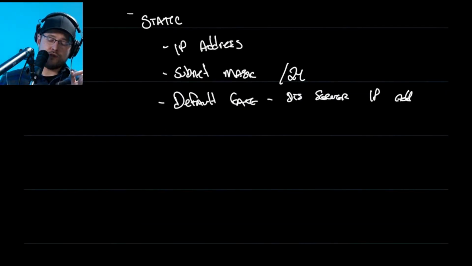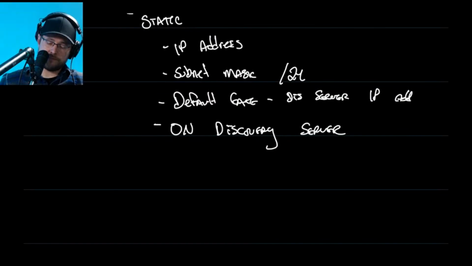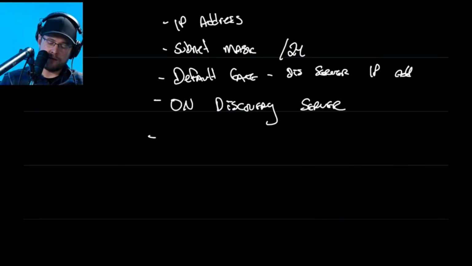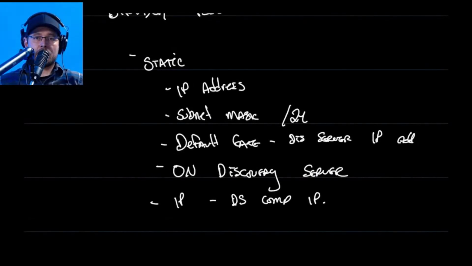In addition, you're going to turn on discovery server on the P200, and you're going to set that IP address to the DS computer IP. That is how that should function.